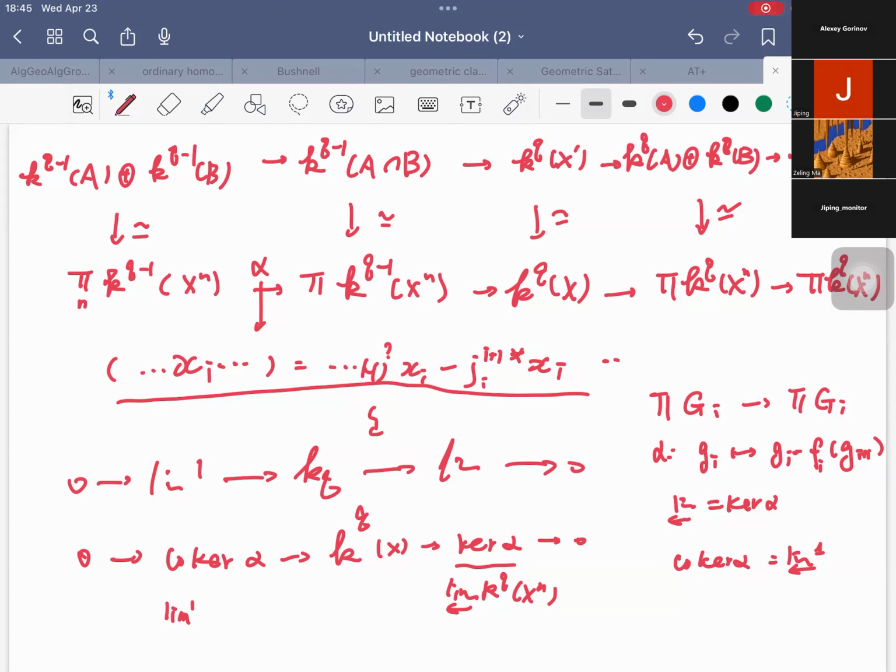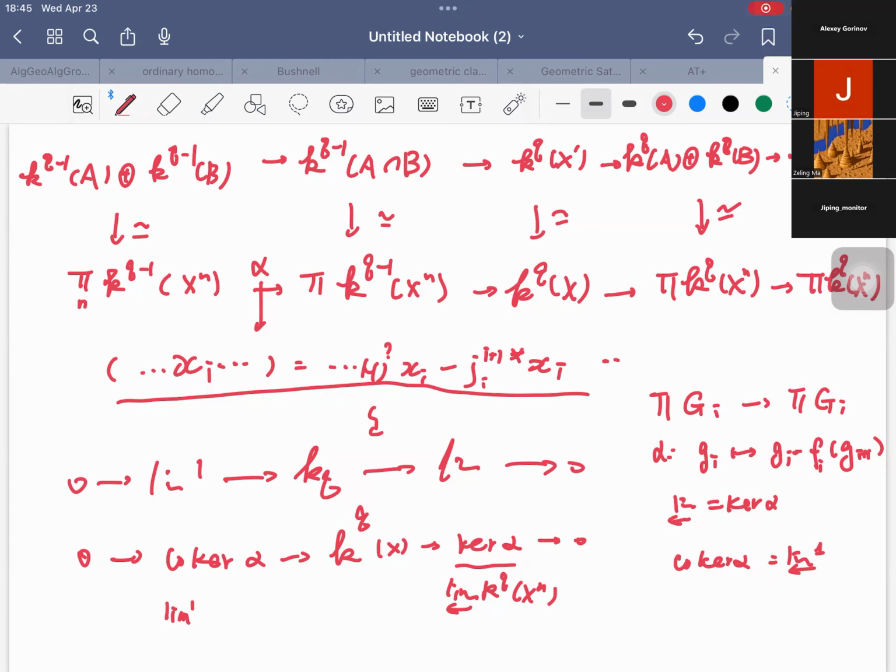Left exact. Well, yes, I think you're right. It's left exact, and so we want to consider its right derived functors, the first of which is lim 1.